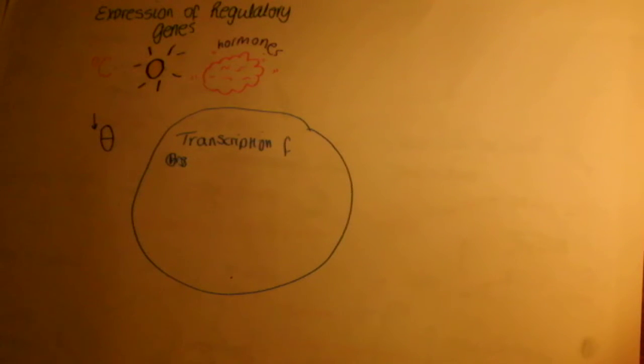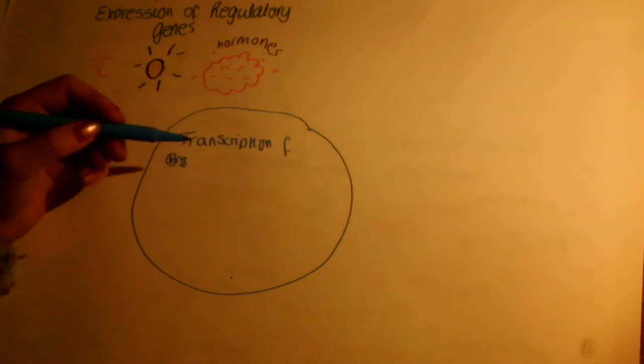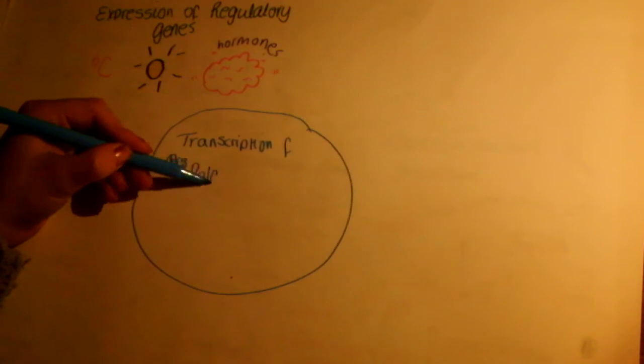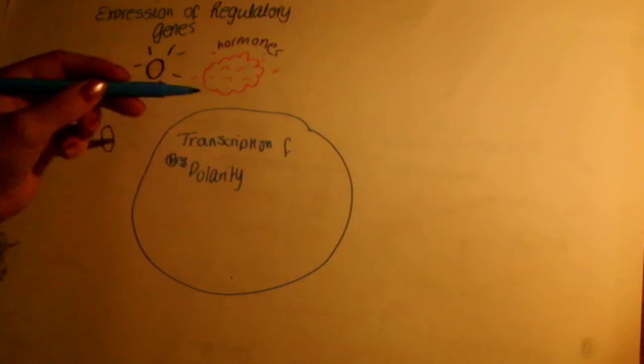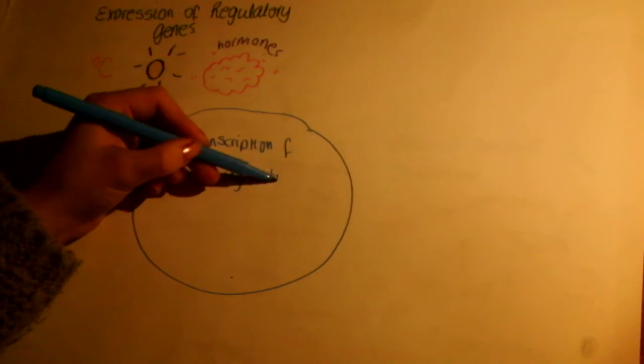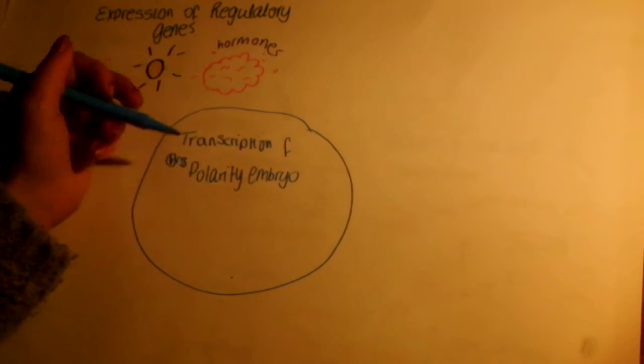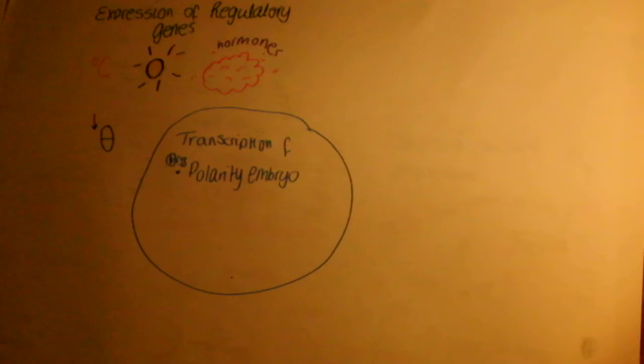So transcription factors impact the polarity of the embryo, which means what side is the head and the tail. So it just depends on what side the head and the tail is on. That's basically what the transcription factors do.